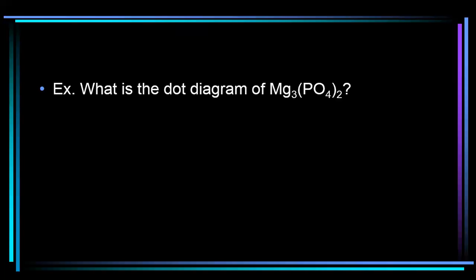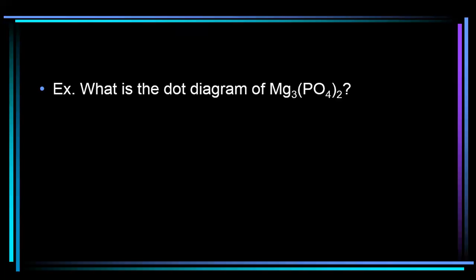First of all, ask yourself, is this ionic, covalent, or both? If it's ionic, do you have a metal and a non-metal? Is magnesium a metal? Okay, it's ionic. Therefore, it cannot be covalent.